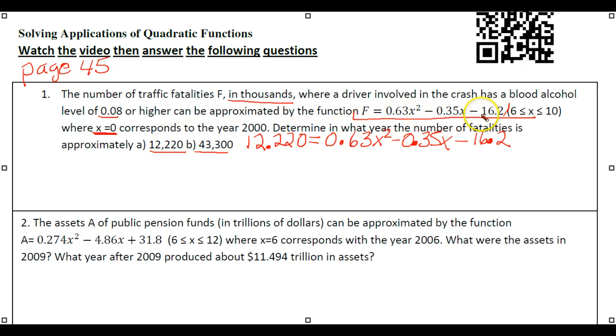So when we look at this formula and we put this value in for A, we have to move the decimal place over from here to make this thousands. So now to put it in standard form, we're going to subtract this from both sides.